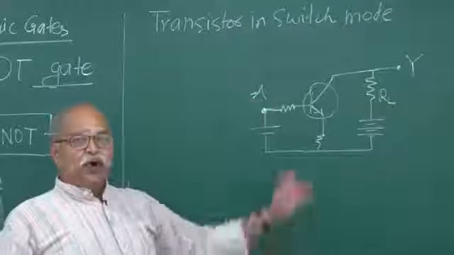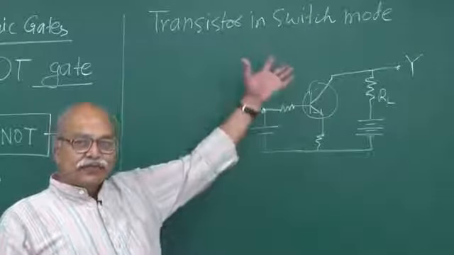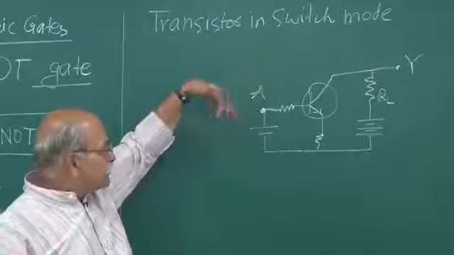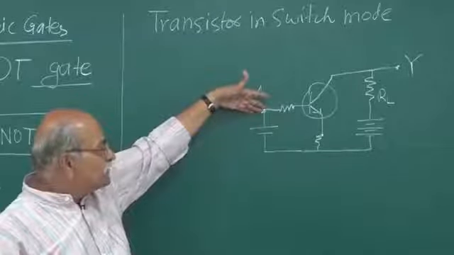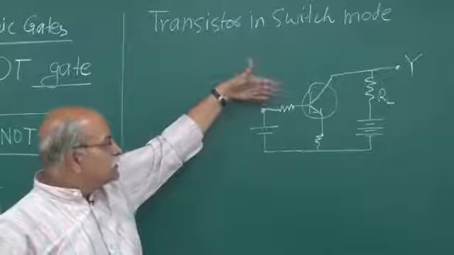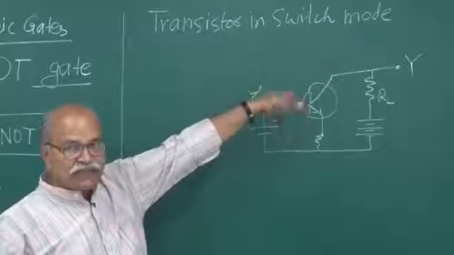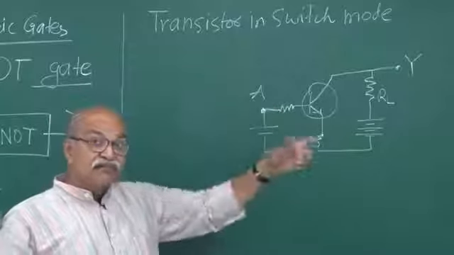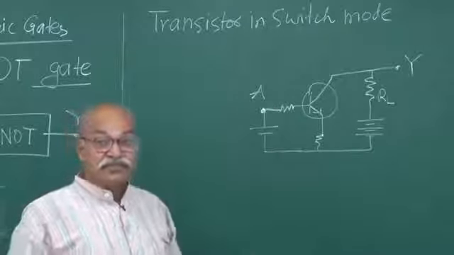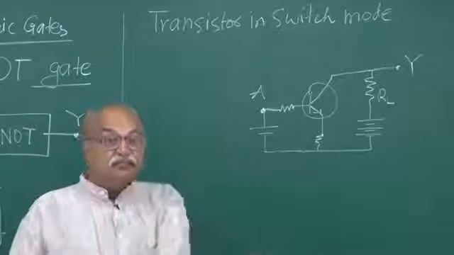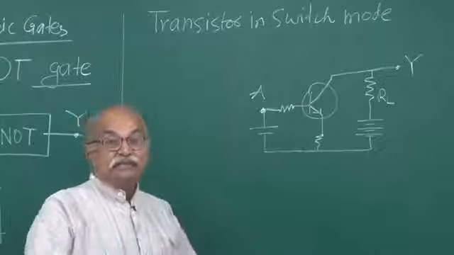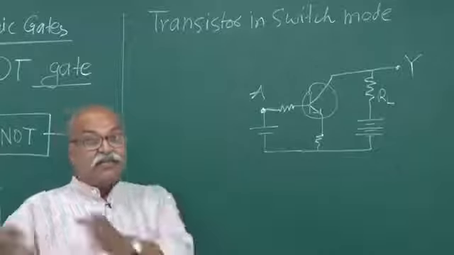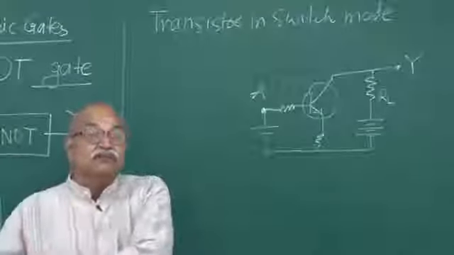Okay, so if you operate it as a switch, that means this voltage is given high. Suppose you give 5 volts here, and then this base-emitter junction is forward biased, and this is sufficient to drive the transistor in saturation mode. Okay, you have cutoff mode, you have saturation mode, and in between you have that active mode, the linear region. Right? So be in saturation mode or in cutoff mode.